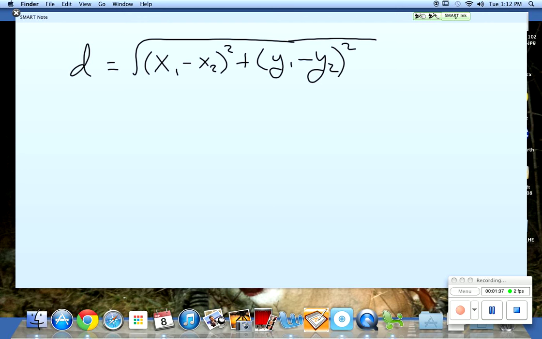It becomes positive anyway, right? So it doesn't matter if you put x1 before x2 or y1 before y2 or the other way around in the distance formula. You can do it either way.